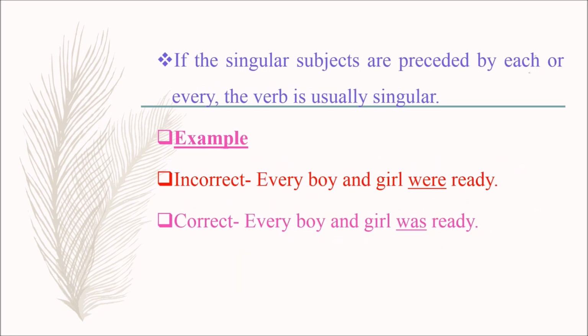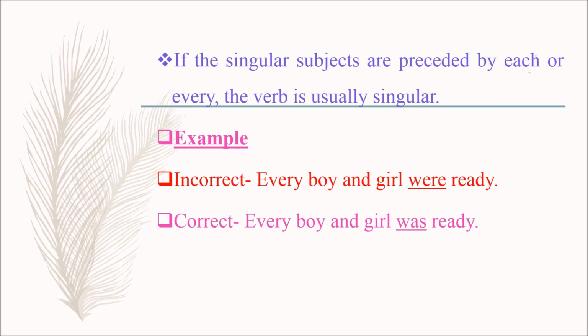Then move on to the next rule. If the singular subjects are preceded by each or every, the verb is usually singular. Now look at the first sentence. Every boy and girl were ready. Is that a correct sentence? No. The correct sentence is: every boy and girl was ready. Why?